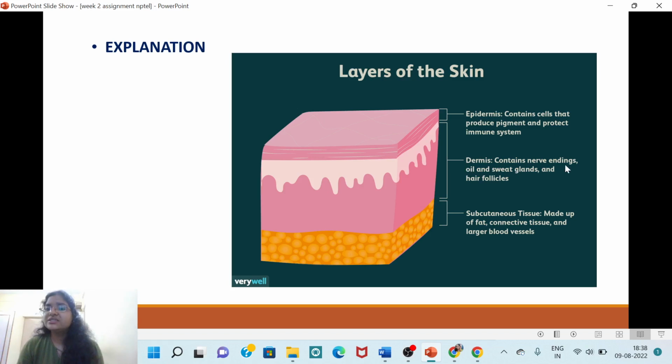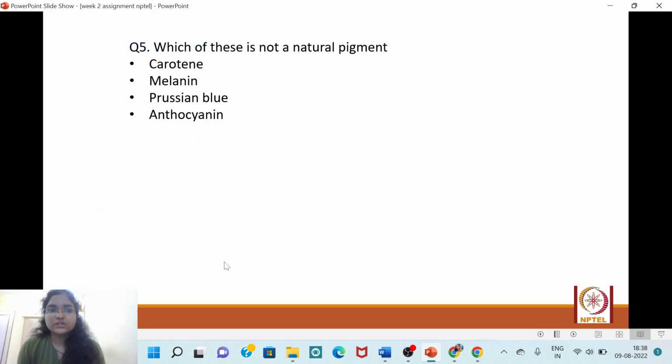Dermis contains nerve endings, oil and sweat glands, and hair follicles, right? And the last layer of our skin is the subcutaneous tissue, that is mostly made up of fat, connective tissue, and larger blood vessels, right? So I hope everyone is clear with the answer of this question. We'll move on to the next question.